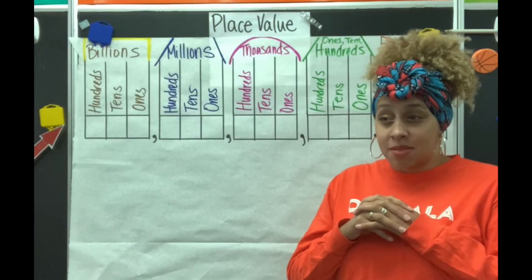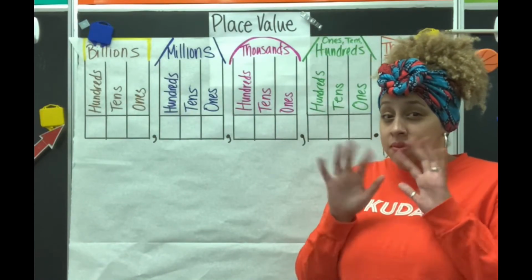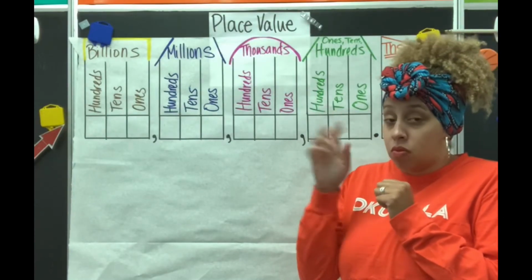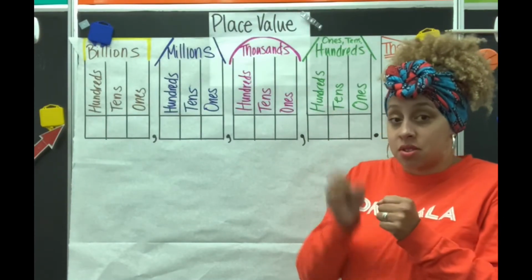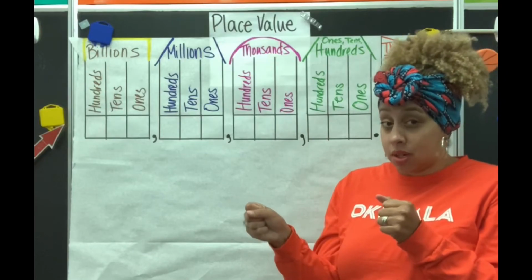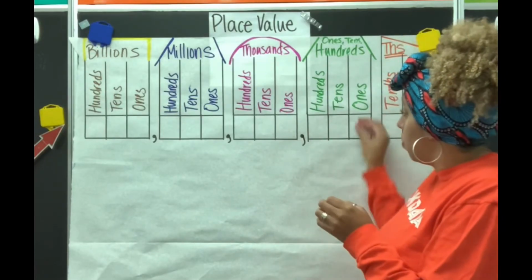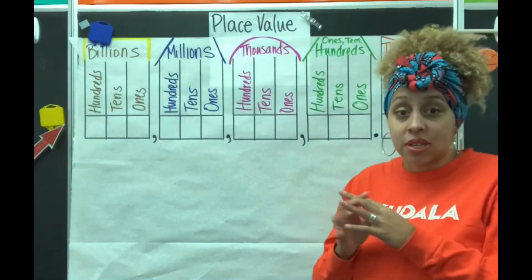Hopefully that makes sense, because once you have 10, you have 0 ones and you have a group of 10. Once you have 100, you have 0 ones, 0 tens, and you have a group of 100. So once we get to those 10 groups that we're looking for, we're moving in our place value.